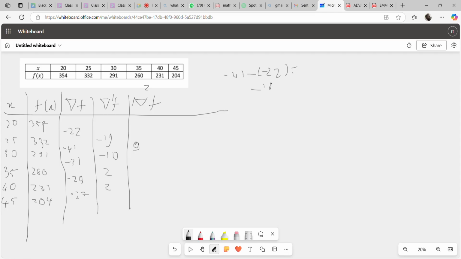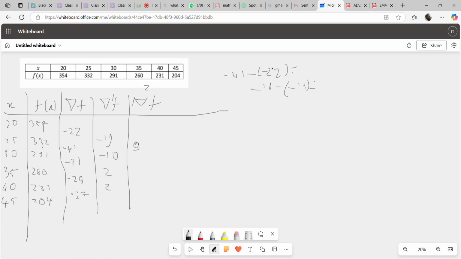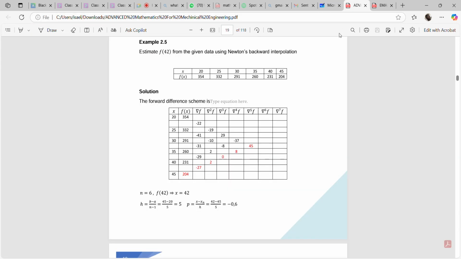Minus 10, minus of the formula, minus 19. I think something is off here. Manager, can you do this in the calculator? What do you guys have as answer for minus 10, minus 19?